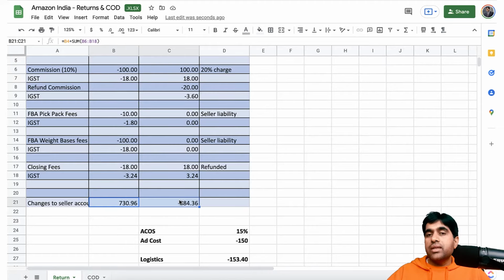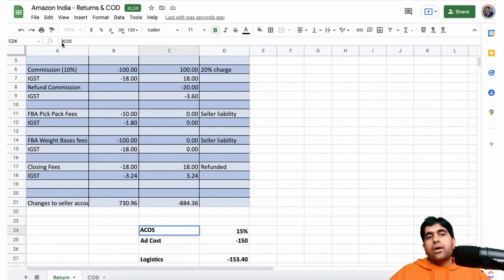And that's not the end. And this is something that Amazon never shows you anywhere. And you as a seller have to be cognizant of it. So for every sale, you have this concept of ACOS, advertising cost of sale, and TACOS, total advertising cost of sale, which is distributed across all of your sales. So the total TACOS for your account, let's assume, is 15%, which is actually very conservative.